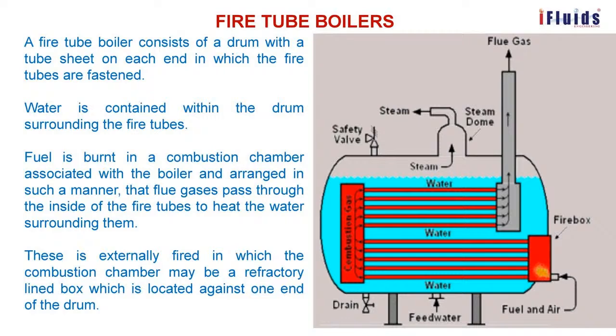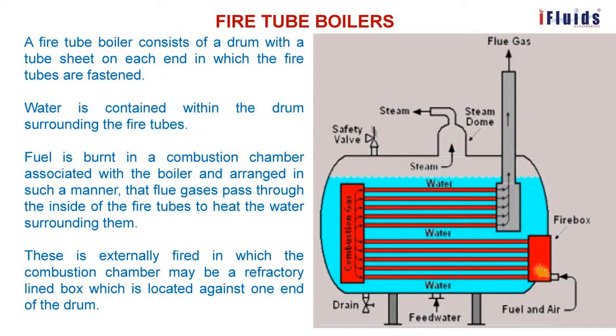So this is the water that fills the drum around the tubes. Fuel is burnt in a combustion chamber associated with the boiler and arranged in such a manner that flue gases pass through the furnace tubes to heat the water surrounding them. The fuel and air are injected here.